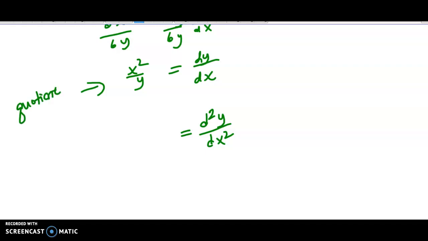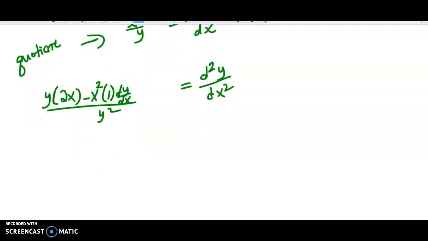So we're going to take the bottom times the derivative of the top, which is dx/dx, minus the top times the derivative of y, which would be 1 dy/dx, all over the bottom squared. So we'll tidy this up a little bit. We have 2xy over y squared, and we have x squared over y squared dy/dx.